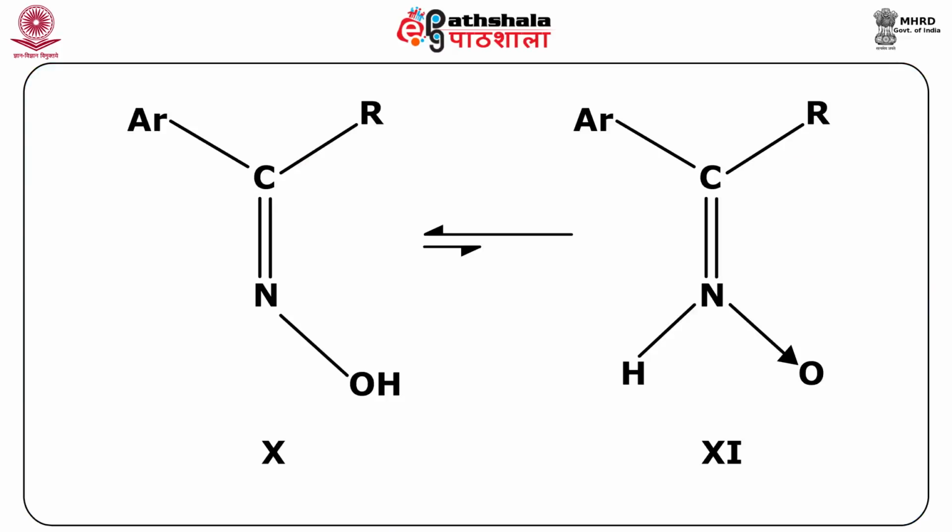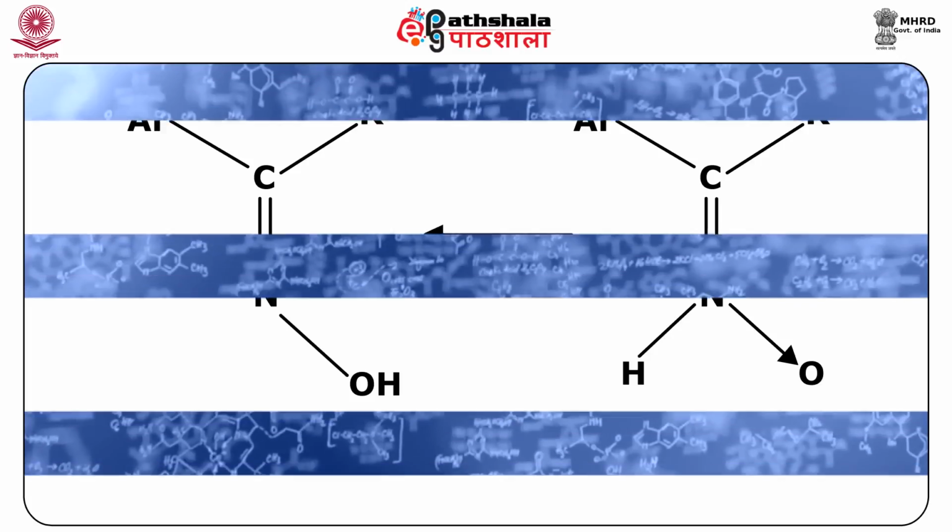The oximes can exist in tautomeric forms, as shown here, 10 and 11, in solution, and in this equilibrium the equilibrium lies more towards structure 10, that is C double bond NOH, and not the C double bond NO form, because structure 10 is relatively more stable.